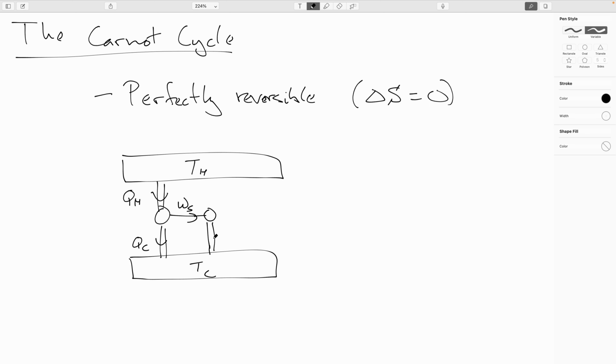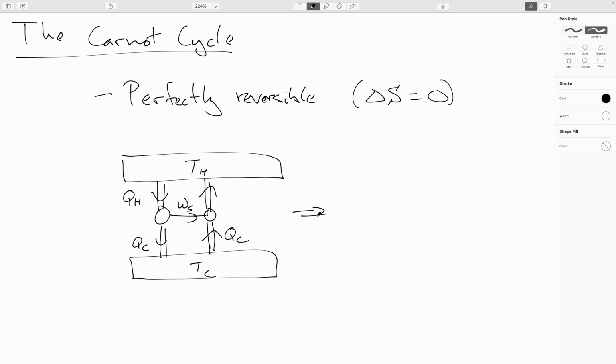And since the only thing that would change is the sign of the thermodynamic variables, the same amount of heat Q cold that got rejected into the cold reservoir here would be extracted from the cold reservoir. And whatever I extracted from the hot reservoir here with the engine would be rejected to the hot reservoir with the refrigerator.